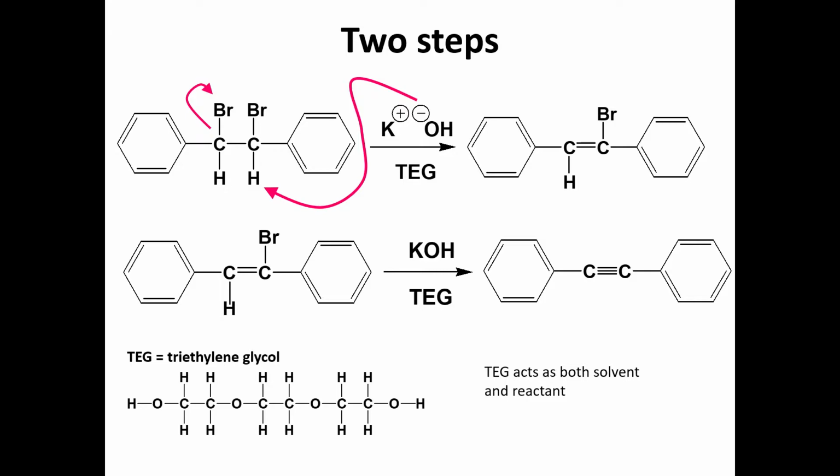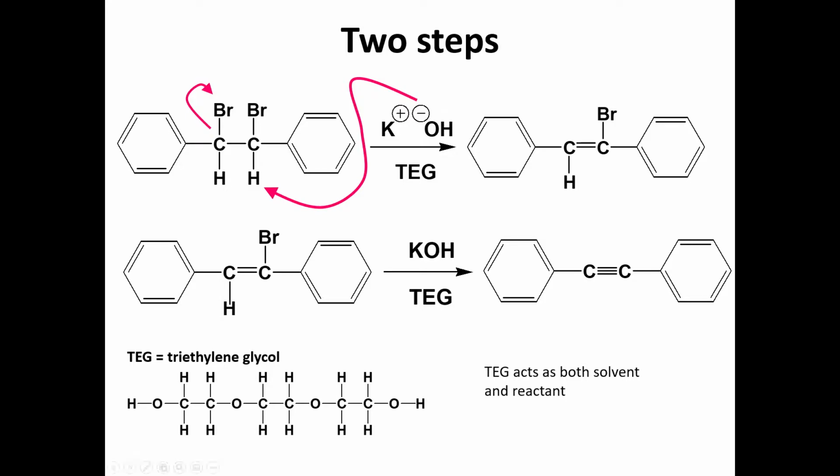So the conversion of stilbene dibromide to diphenylacetylene is a very simple two-step elimination reaction. In the very first step, we use potassium hydroxide to deprotonate this hydrogen, causing the first elimination, which removes this bromine. After this reaction, we receive the double-bonded carbon.